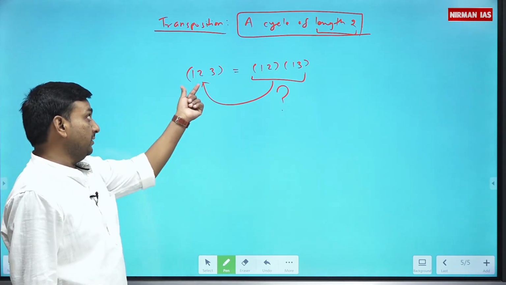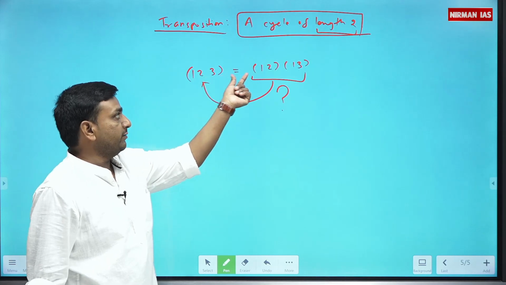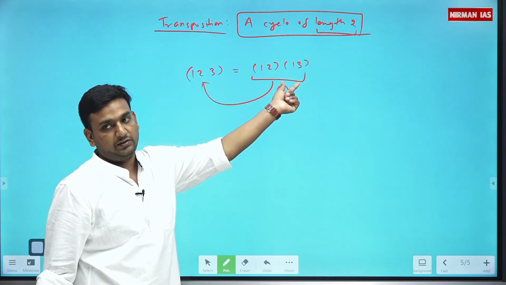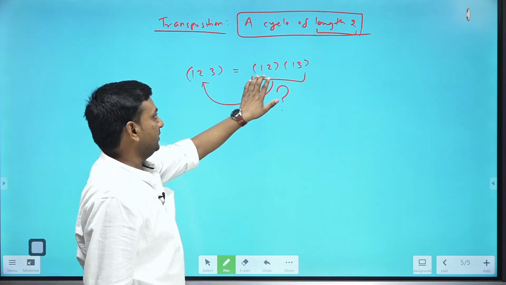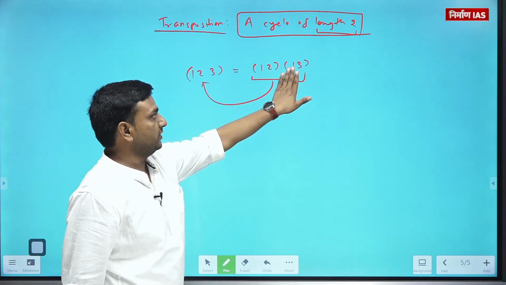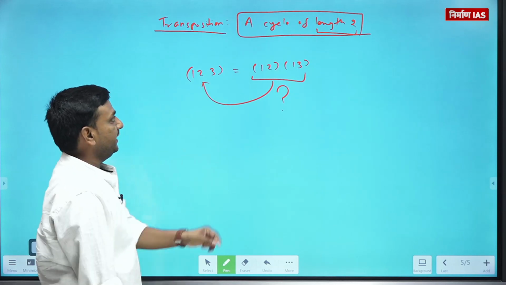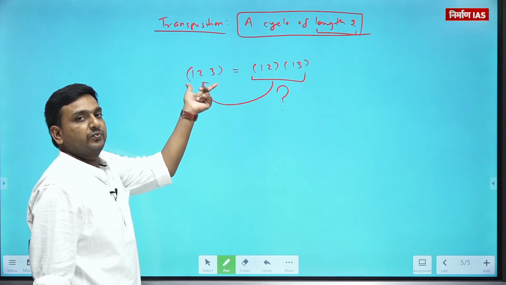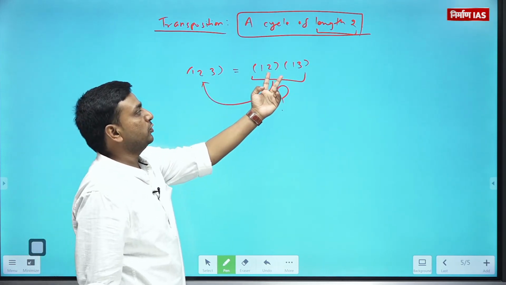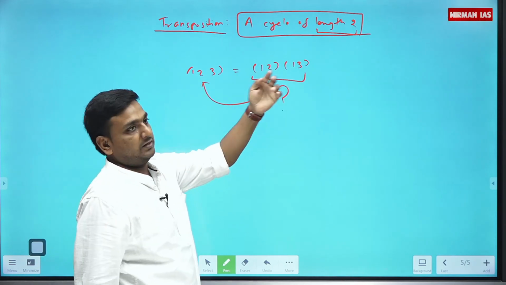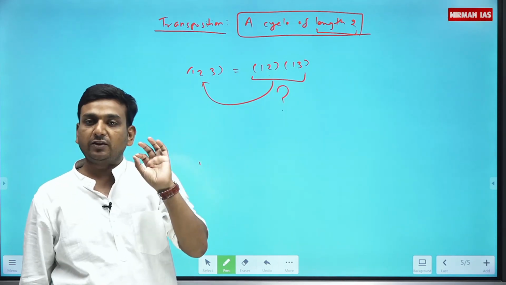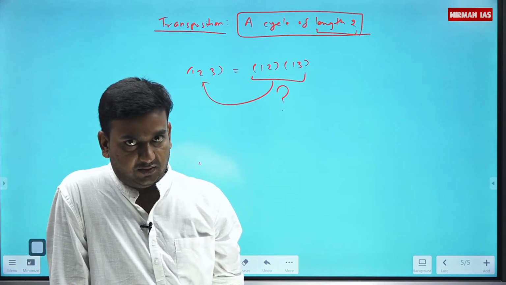If yes, then this element can be represented by this also. So this is a cycle of length 2, this is a cycle of length 2. That means this element has 2 transpositions: one is this transposition, another is this. A cycle of length 2 is called a transposition. Is that clear?